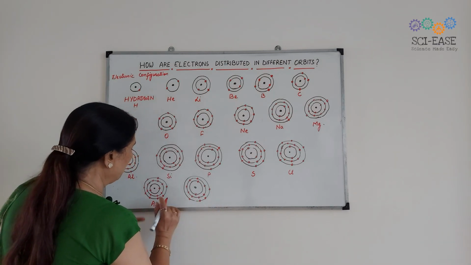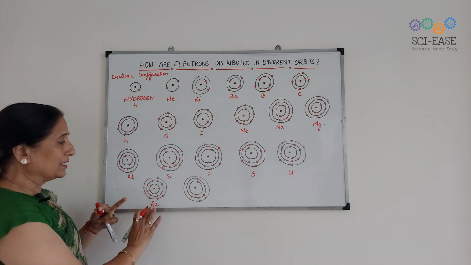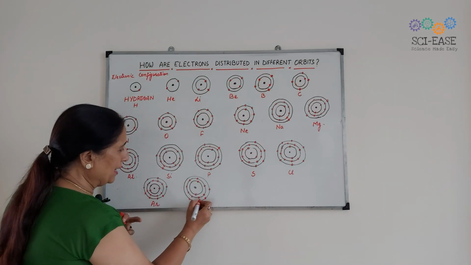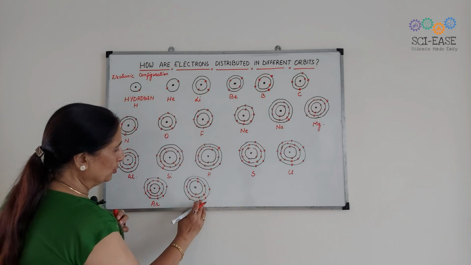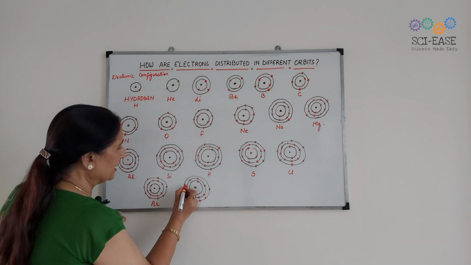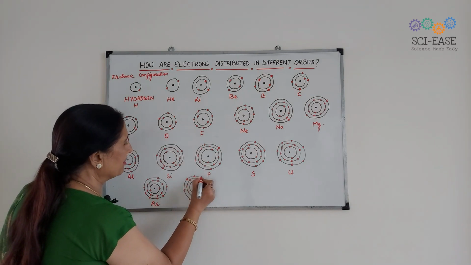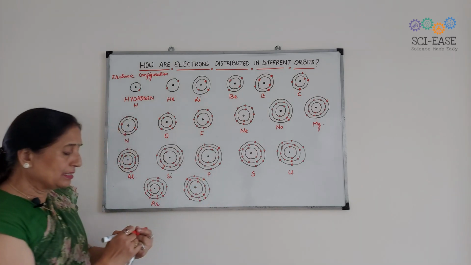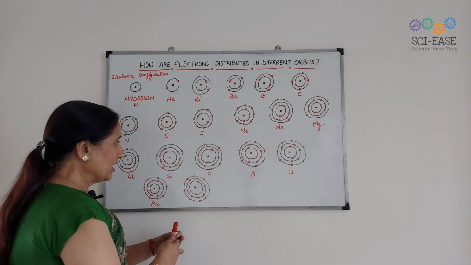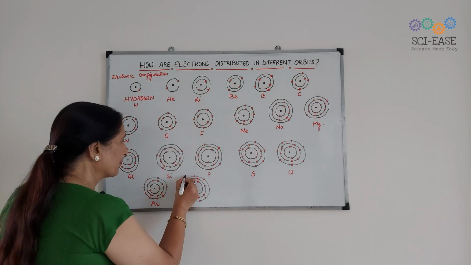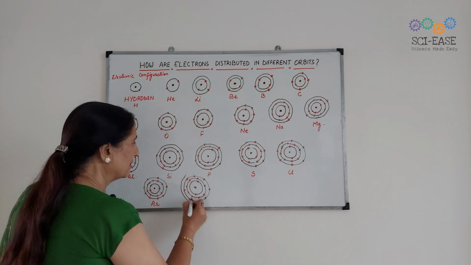In your book, the structure is given up to argon, but I am telling you potassium and calcium also. 1, 2, 3, 4, 5, 6, 7, 8. And the last electron is shifted to the next shell.